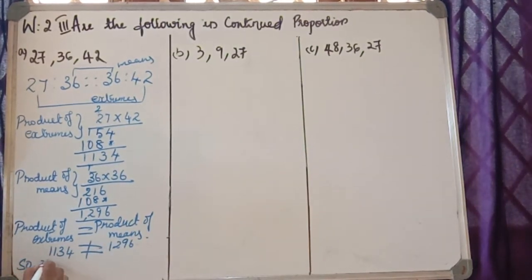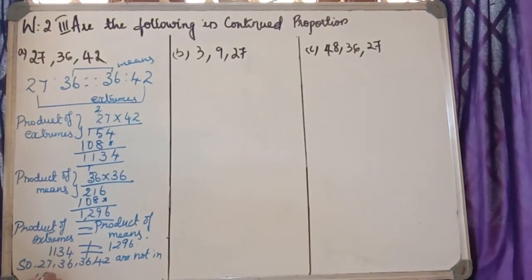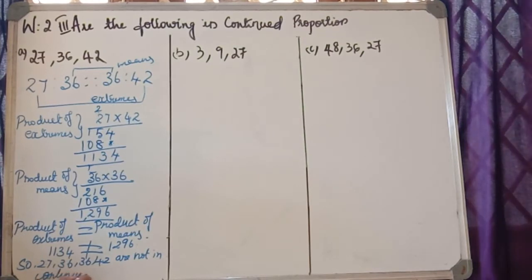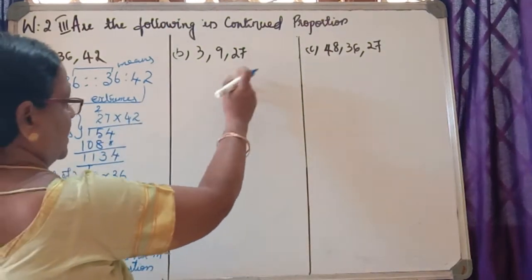So 27, 36, 36, 42 are not in continued proportion. Clear, children? Now we'll move to the second sum.